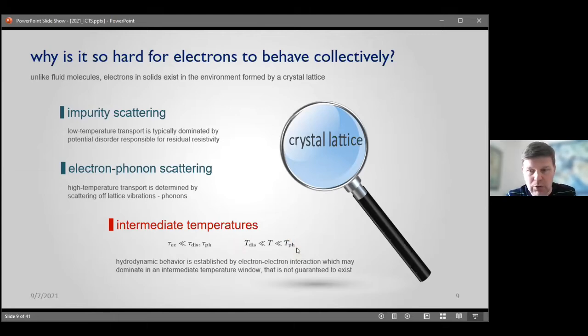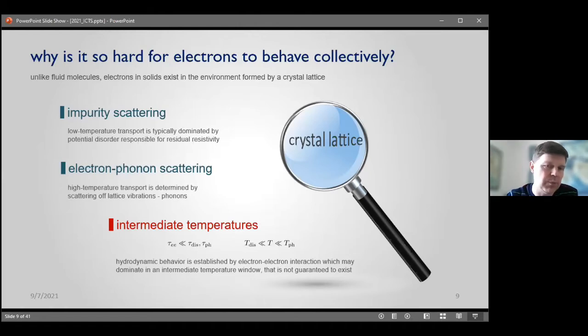Such a temperature window is not necessarily guaranteed to exist in any given material. And in fact, in most practical materials, it probably doesn't exist. However, there are now several examples of these so-called ultra-pure materials where this behavior does seem to exist experimentally.